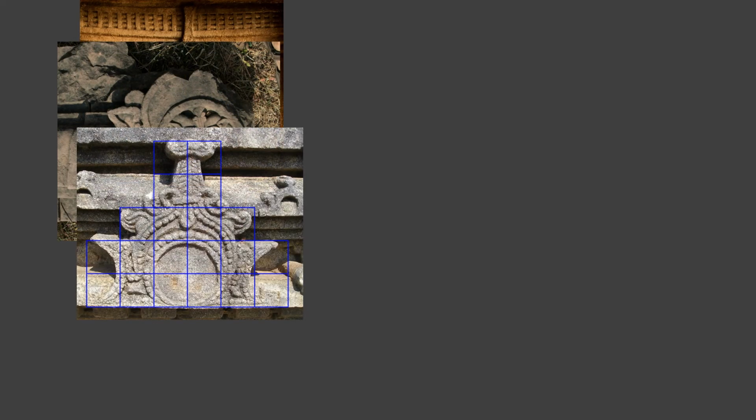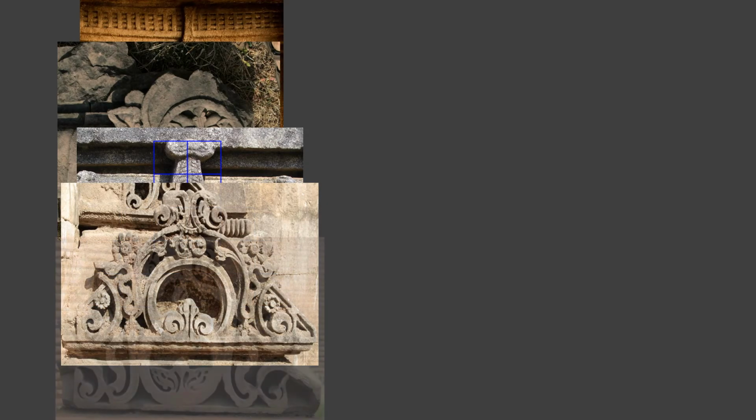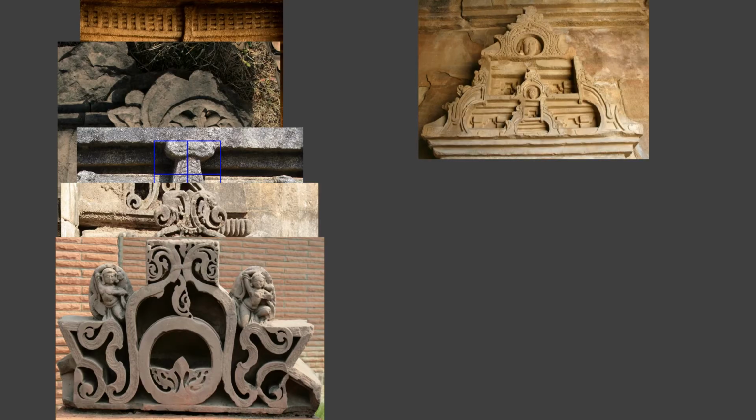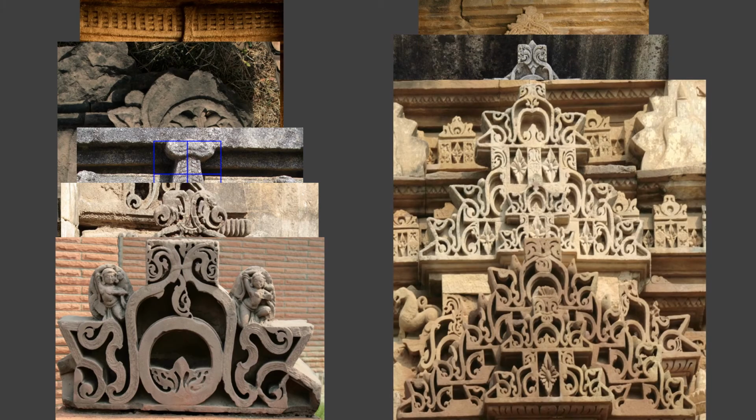The Gavaksha motif gets abstracted, moving further and further away from its timber origins and becoming more and more linear and curvaceous, while the Gavaksha configurations proliferate into unfurling cascades.